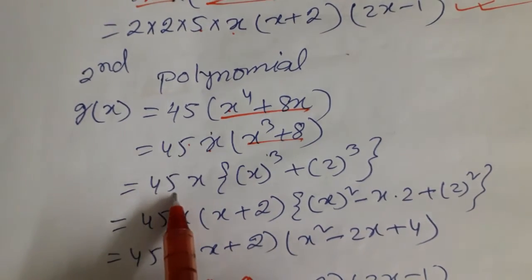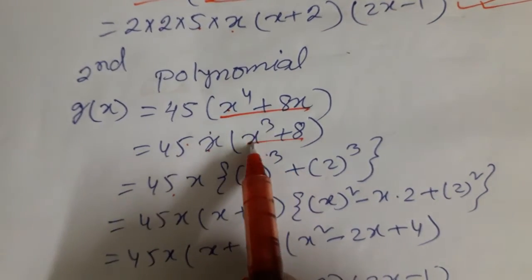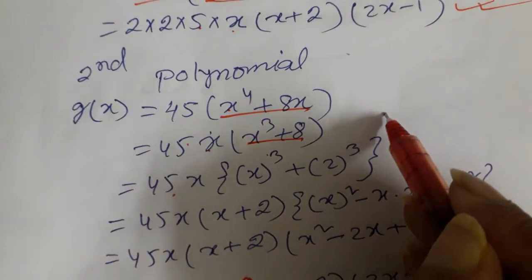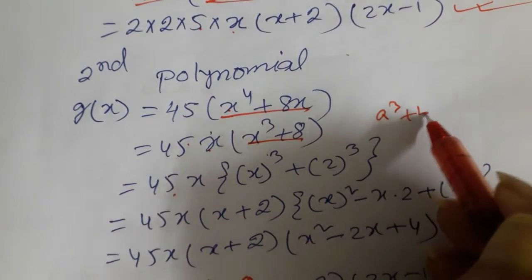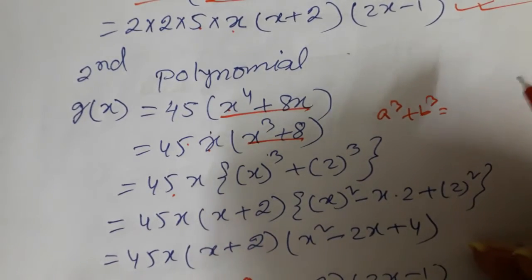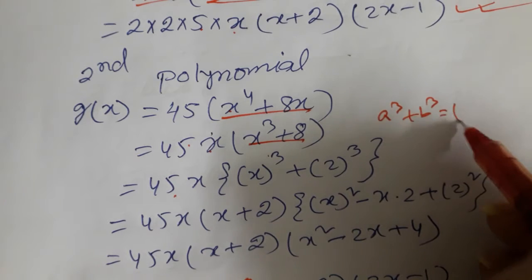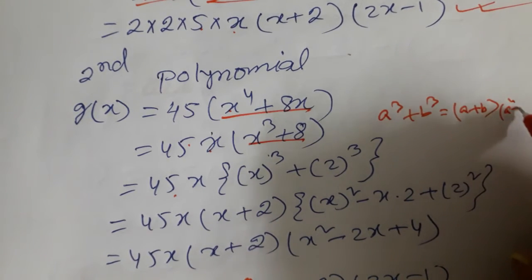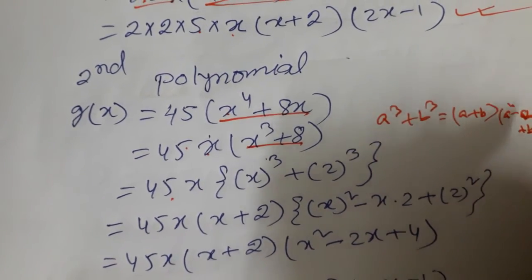Then I have taken as it is this one, and this part we have to factorize using the identity a cube plus b cube. A cube plus b cube identity, you know, I have sent you in the last class, that is a cube plus b cube means a plus b into a square minus ab plus b square.